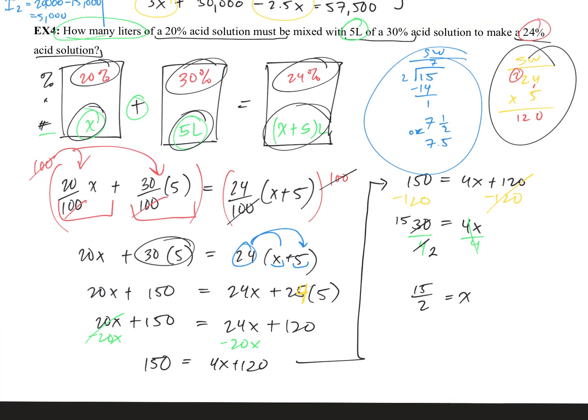But again, I am fine with an improper, fully simplified fraction. So my sentence, let's see. We need 7.5 what? 7.5 liters of the 20% acid solution. Period.